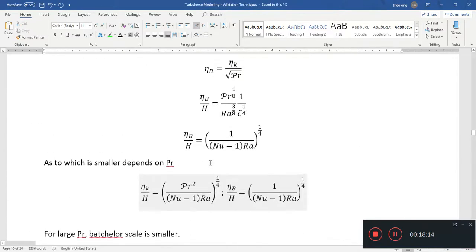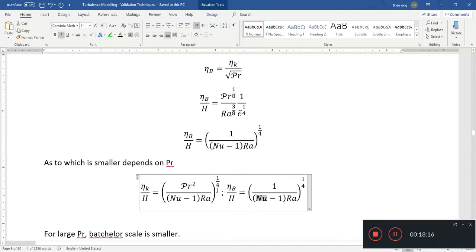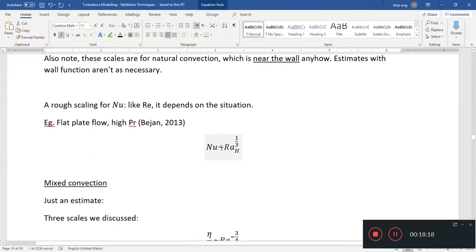So if you want to put the Nusselt number in here, that's one of the ways. But of course, there's no general rule for the Nusselt number, because with different flow correlations we might not have the Nusselt number scale the same way.